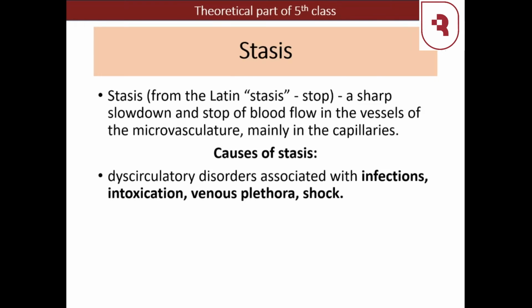Stasis is a sharp slowdown and stop of blood flow in the vessels of the microcirculatory channel, and mostly it happens in capillaries. There are a lot of different causes of stasis, like circulatory disorders associated with infectious intoxications, venous plethora, and shock.